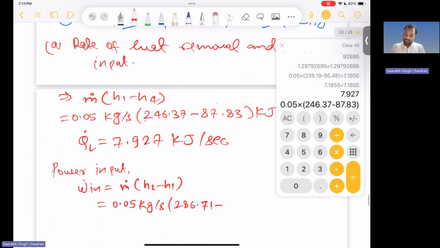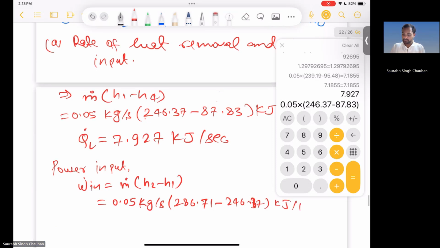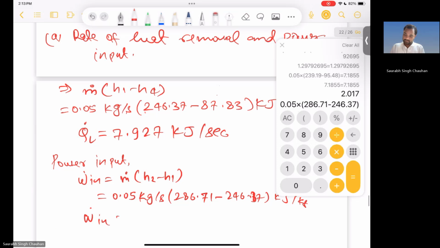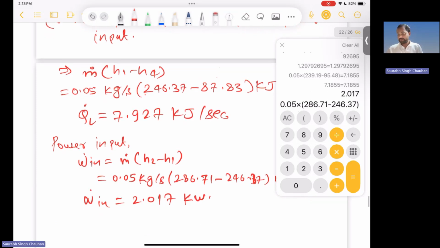How much is H1? 246.37. So we get 2.017 kilowatt.